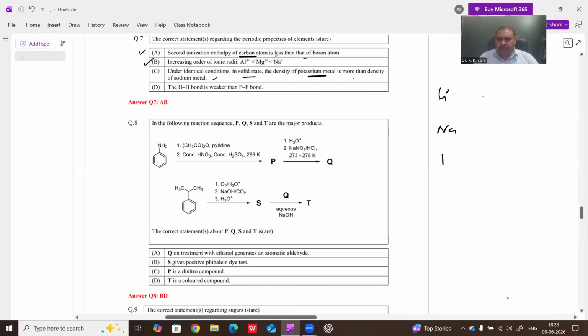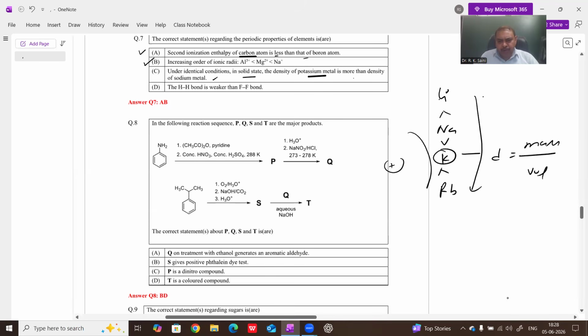Lithium, sodium, potassium, and rubidium: in general, densities increase, but the density of potassium is less than sodium, because it has a much larger volume, due to the presence of empty d orbitals before the outermost shell. Its outermost shell is 4s and empty d orbitals are there. Therefore, its volume is larger.